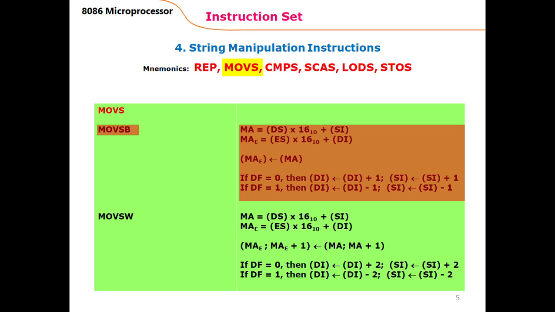Here both source and destination are involved. The string data from the source, which is normally the data segment, is transferred to the destination location, which is normally the extra segment. The offset address for the source is normally provided by the source index register, and the offset address for the destination is provided by the destination index register.